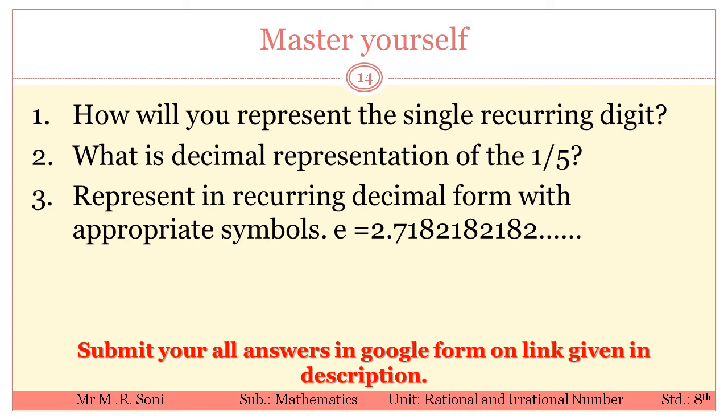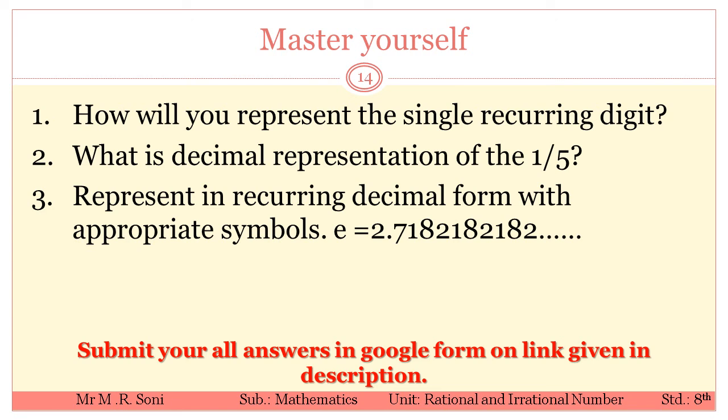Let's master your concept. Master yourself through these three examples. First question, how will you represent a single recurring digit? Question number 2, what is the decimal representation of 1 by 5?